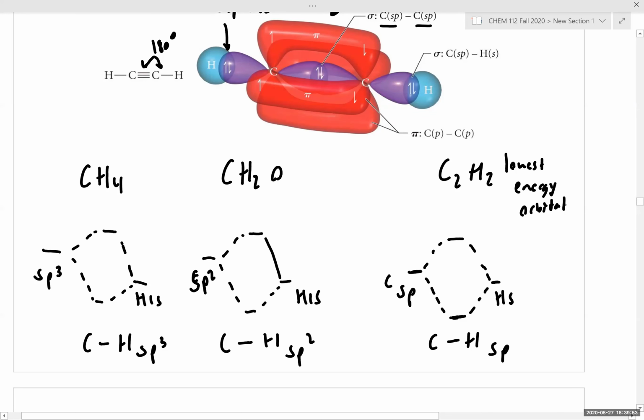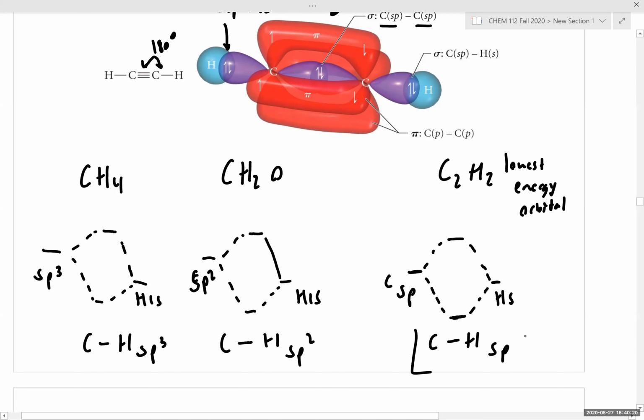So my question to all of you is, which of these carbon-hydrogen bonds would be lowest in energy, just looking at our orbital energy? If orbital energy determines and impacts bond energy, which hybridization would have the lowest bond energy?